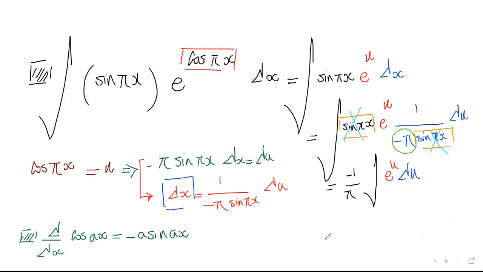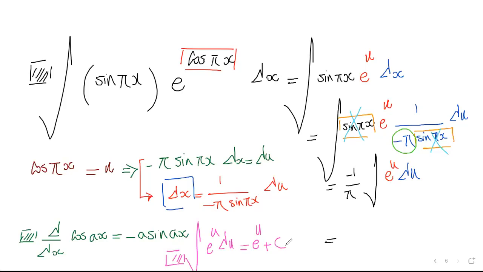Now, what do we get here? If you go back and check your table of integration, you see that we have this identity: the integral of e to the u du is essentially e to the u itself. That's why I told you coming to a calculus class without your calculus Bible is a blasphemy.